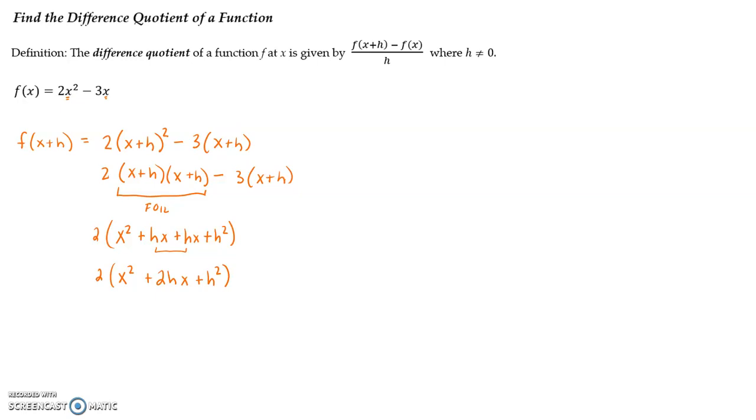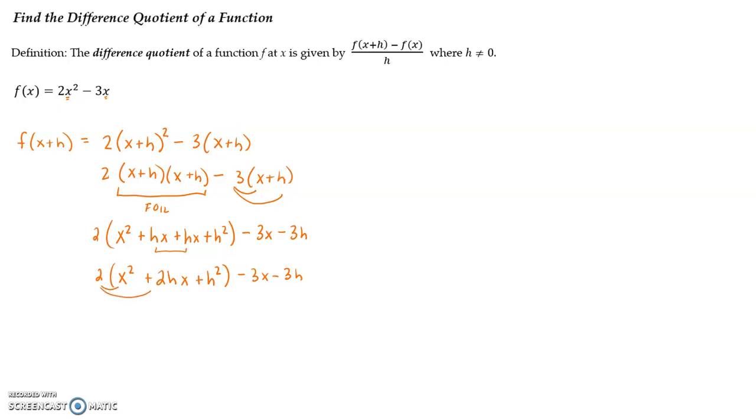And now let's go ahead and work with the back end piece of this. We've got a minus 3 times x and then a minus 3 times h. So we have a minus 3x and minus 3h. So let's go ahead and simplify here. We can distribute this 2.